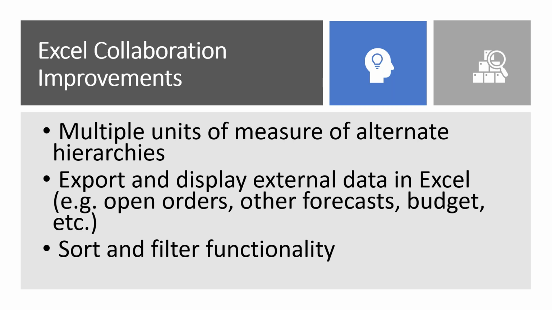Secondly, and the one I'm going to show you, is we also have the ability to now export and display the external data in Excel. So external data is a bit of a vague term, so same kind of deal if you haven't worked with it before, just a little bit of background there. You're able to bring in Forecast Pro TRAC data other than just your historic demand. So common practical examples of this tend to be things like what's already on order going forward, what's on hand.